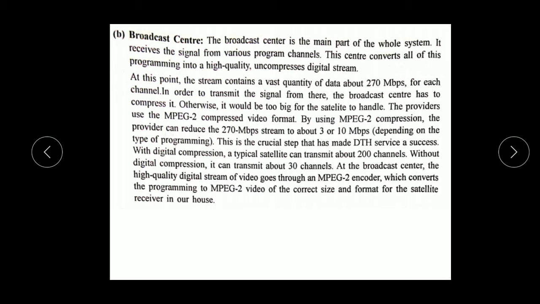At the broadcast center, the high quality digital stream of the video goes through an MPEG-2 encoder, which converts the programming to MPEG-2 video of the correct size and format for the satellite receiver in our house.